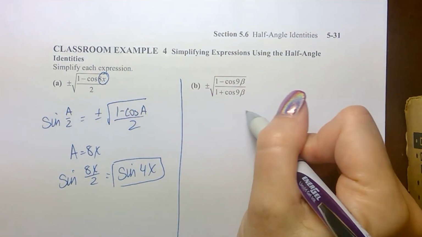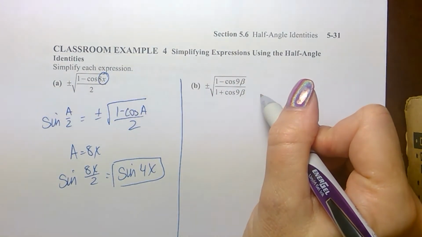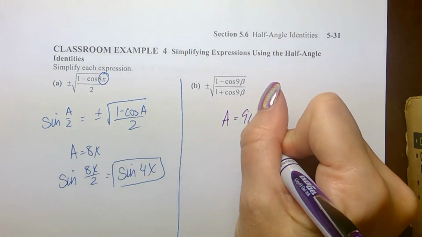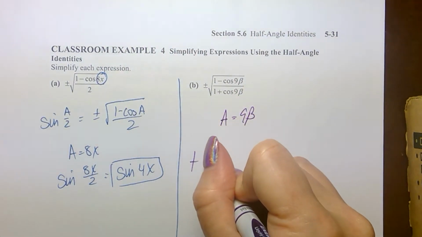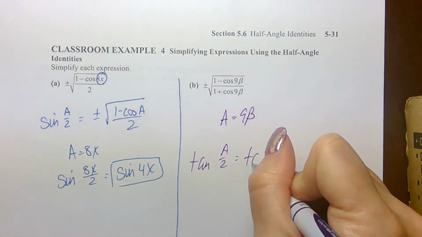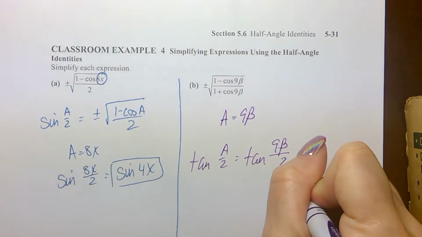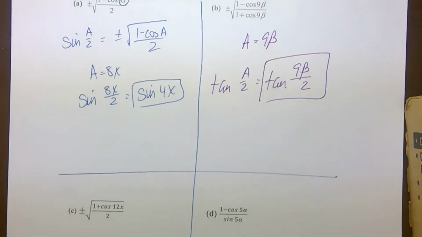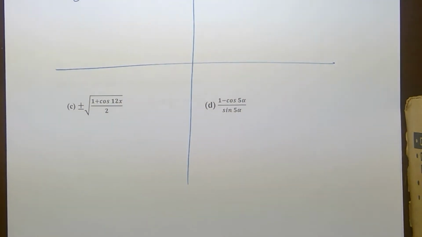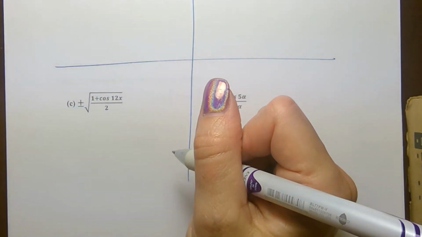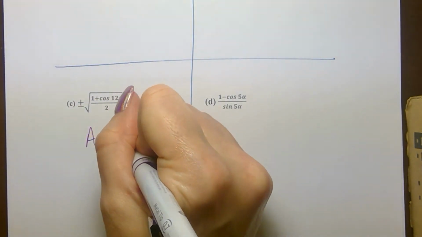For B, if I go back and look at my half angle identities, I see that this is a tangent half angle where A would be equal to 9B in this case. So that means tangent of A half is tangent of 9 beta over 2. That doesn't simplify. So that's all it is. On C, I identified this as a cosine half angle identity where A is 12x.